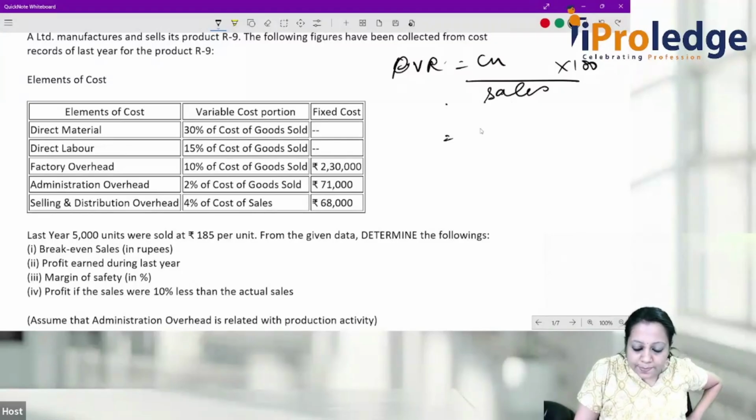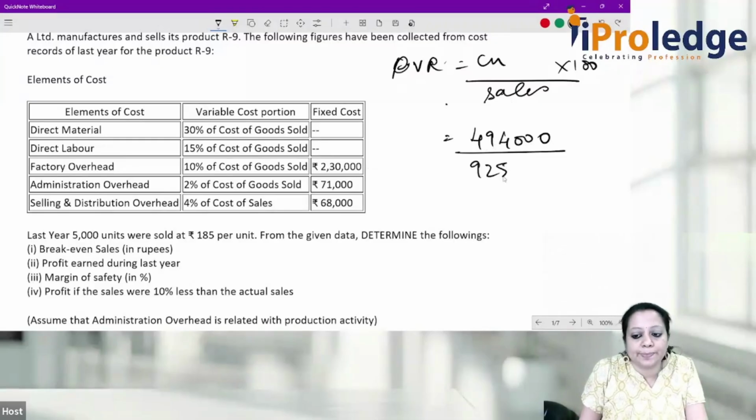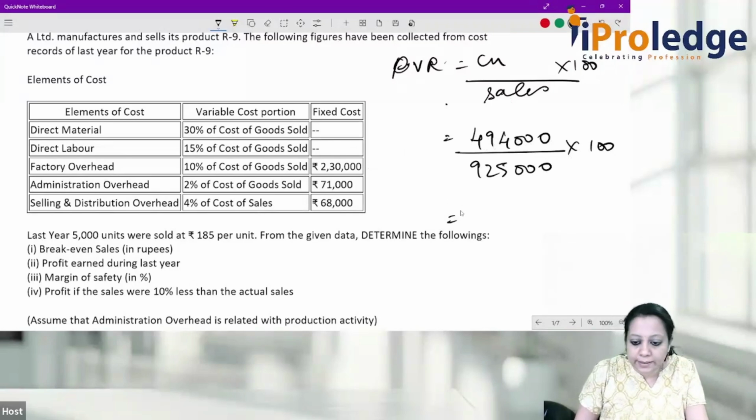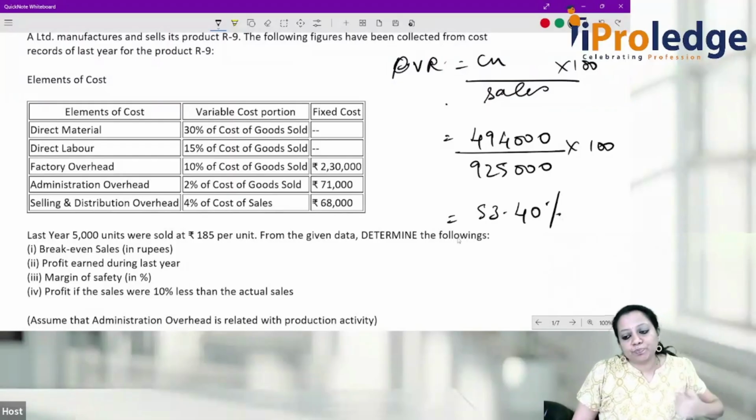Contribution is how much, students? 4,94,000 divided by sales, 9,25,000, into 100. How much is the percentage? 53.40. PVR is over.